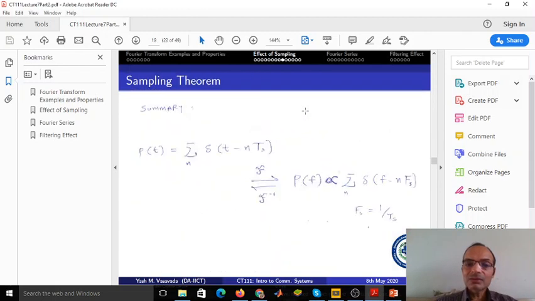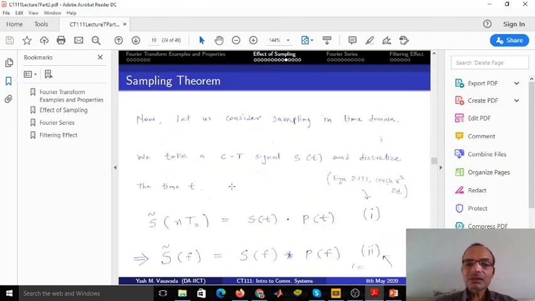This is now a completely different argument which makes use of three different things. Very first, it makes use of the sifting property of Dirac delta. Second, it makes use of a relation that the multiplication of two time domain signals is same as convolution of their spectra.